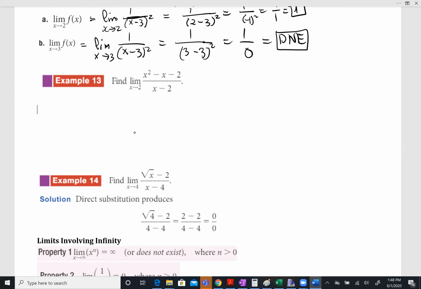I have the limit of (x squared minus x minus 2) over (x minus 2) when x goes to 2. Note that direct substitution for x going to 2 will get 0 over 0, which is undefined. So I right away do the second step, which is to factor.